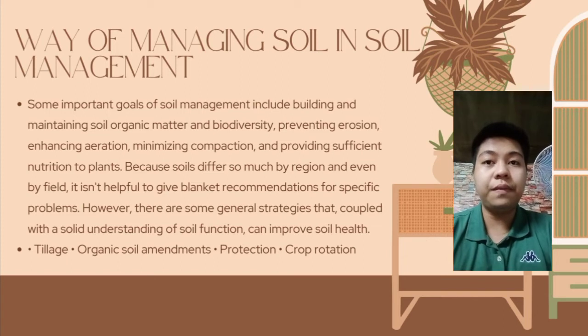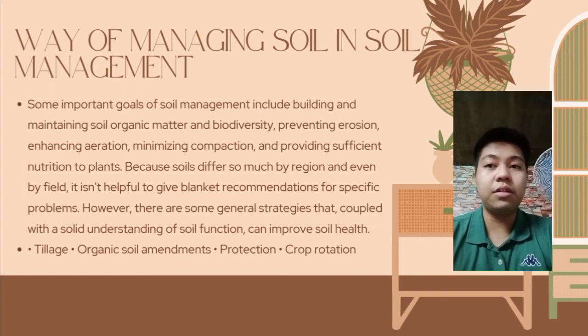Because soils differ so much by region and even by field, it isn't helpful to give blanket recommendations for specific problems. However, there are some general strategies that, coupled with a solid understanding of soil function, can improve soil health.